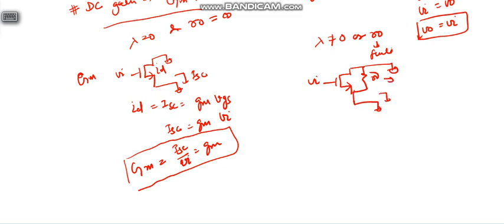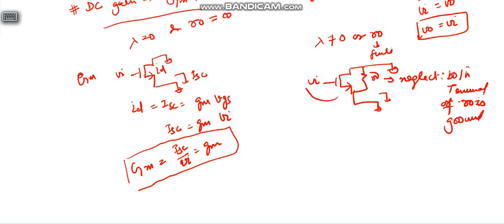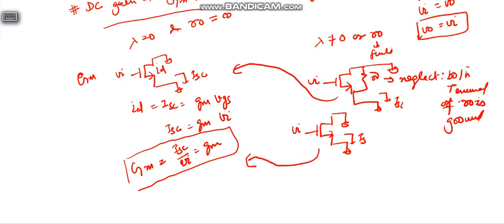Now we can neglect this because both terminals of Ro are at ground, so it will reduce to this circuit like this. Isc, this is Vi. So for this case also the transconductance equals gm.